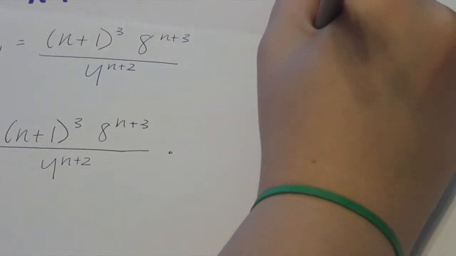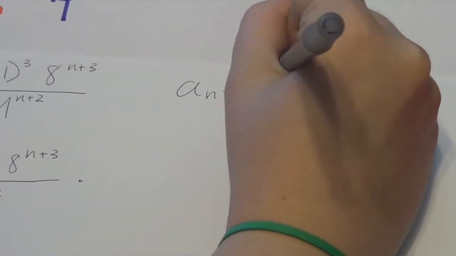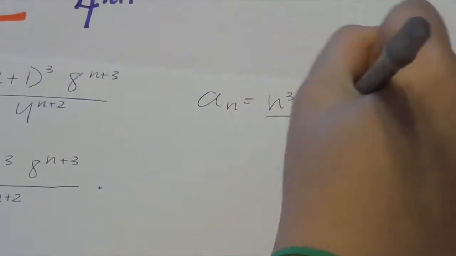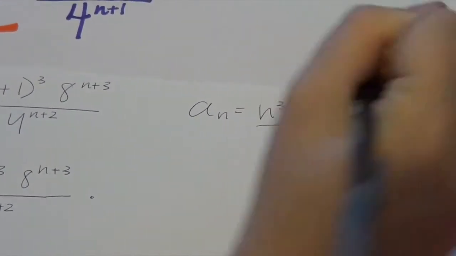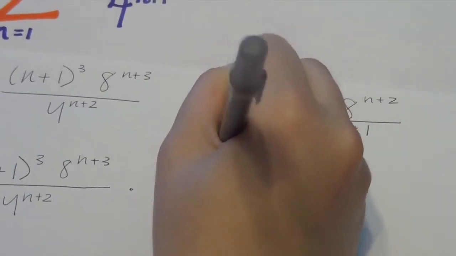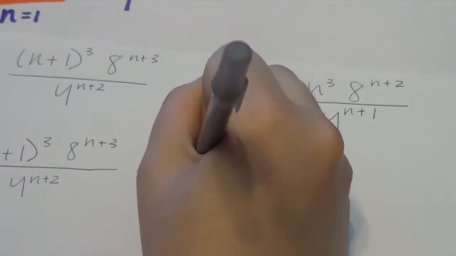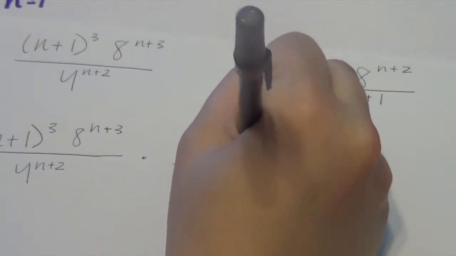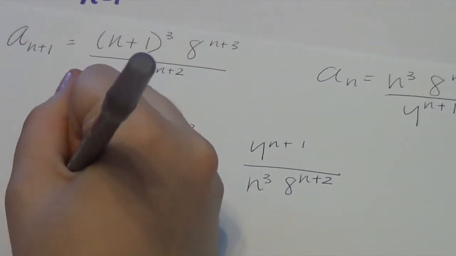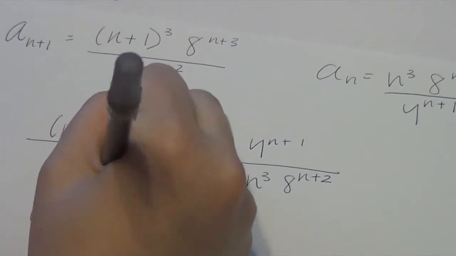So my a_n term is n to the third times 8^n over 4^(n+1). So I'm going to multiply it by the reciprocal. After this, you can simplify this even more and do (n+1) to the third.